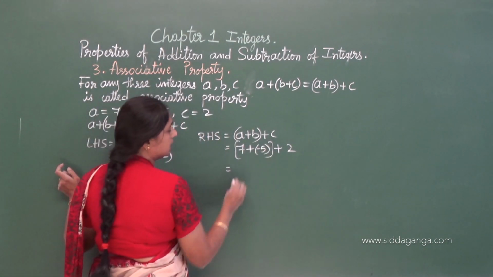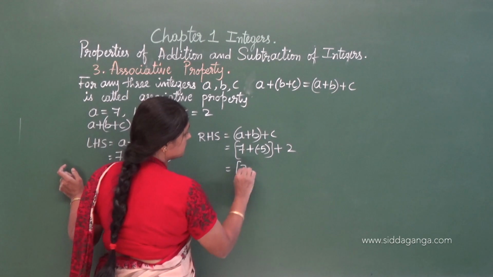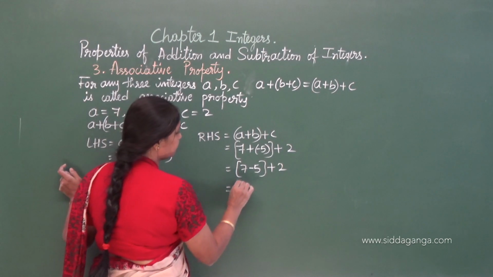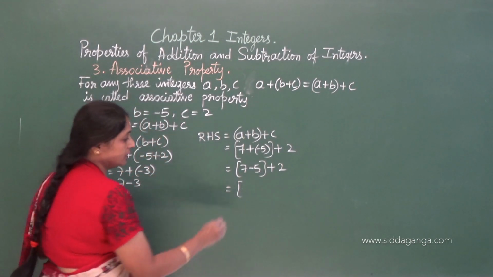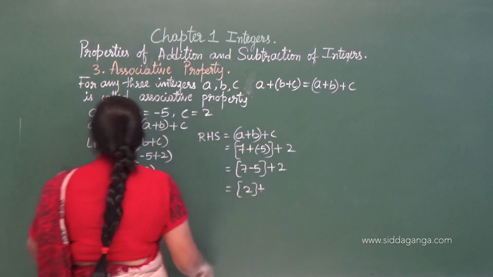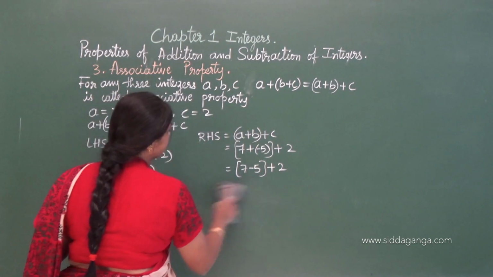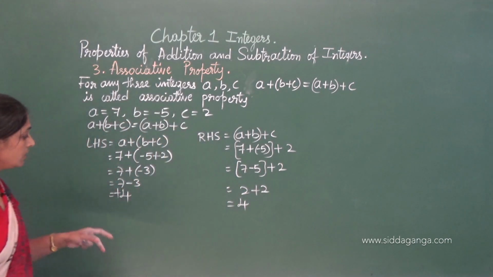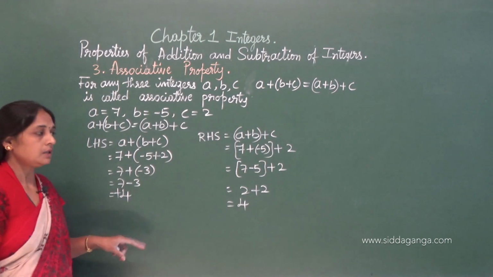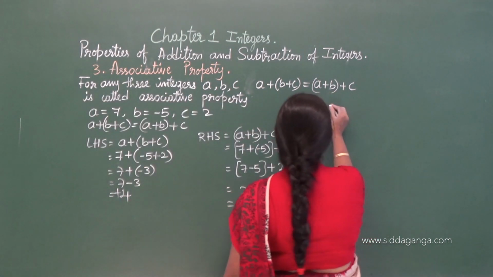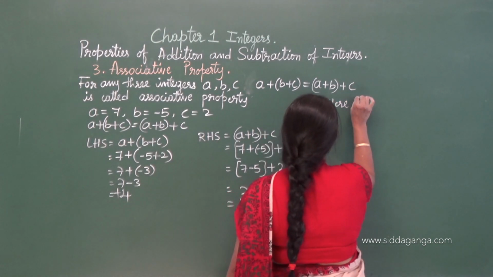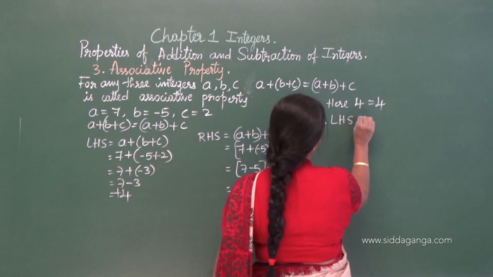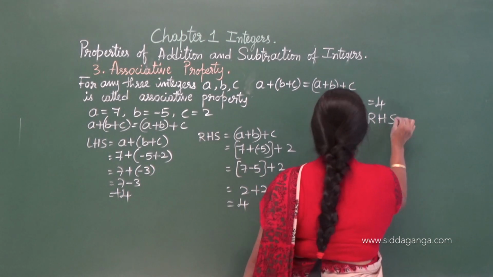Here add 7 and -5, 7 plus into minus is -5, plus 2, it's equal to 7 minus 5 is 2, plus 2, we get 4. What about LHS and RHS? They are equal here. 4 is equal to 4, therefore LHS is equal to RHS.